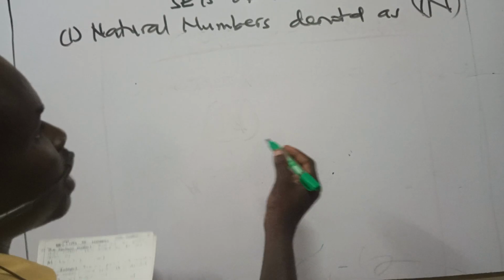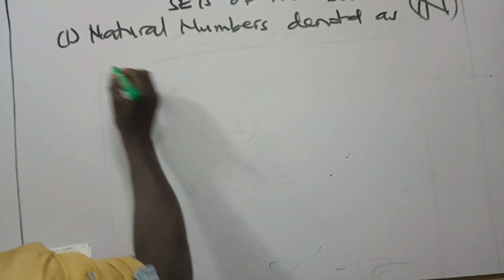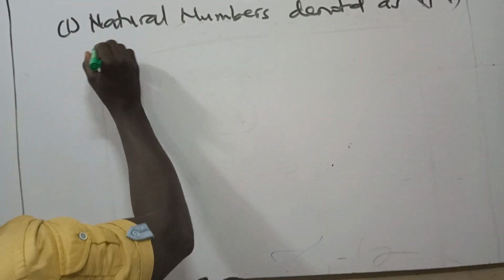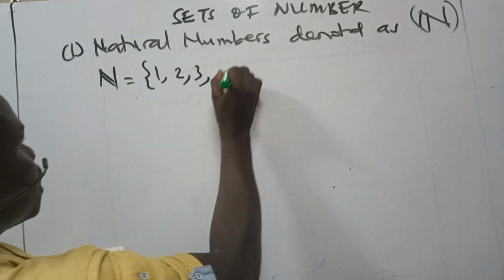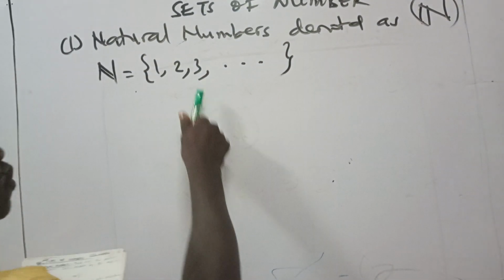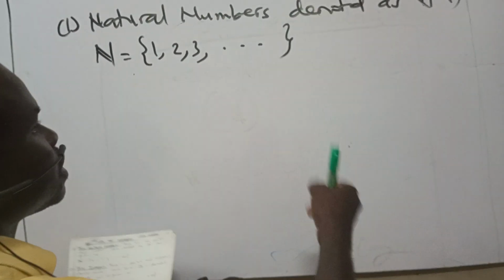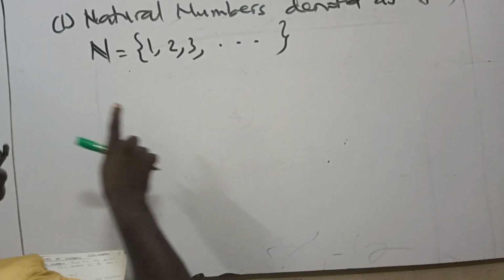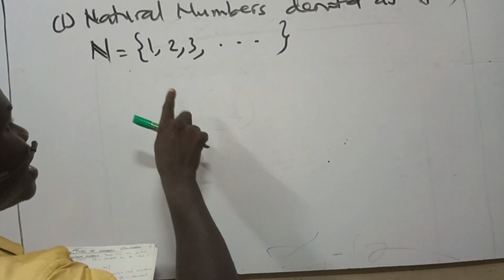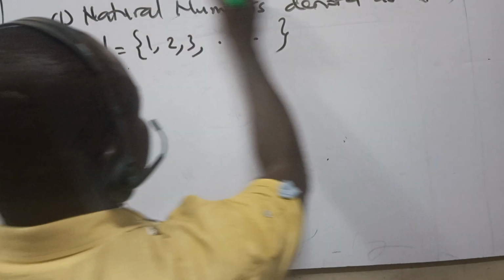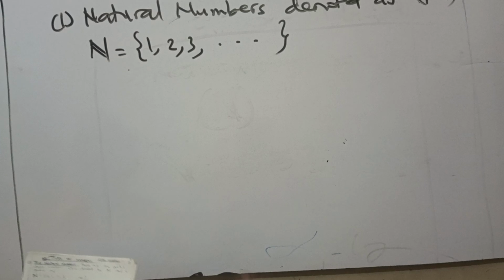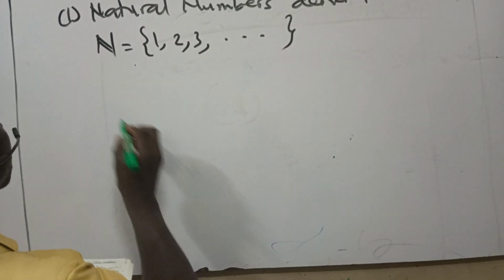This set is the set of positive counting numbers. For instance, when we have N, it starts from 1, 2, 3, and so on. Once we have a comma and three dots, it simply means and so on. This set of natural numbers is the only well-ordered set that we have under the category of set of numbers. So we all know that these are positive counting numbers.